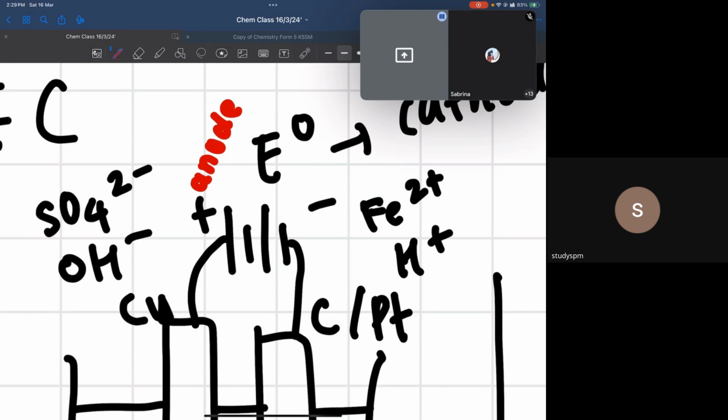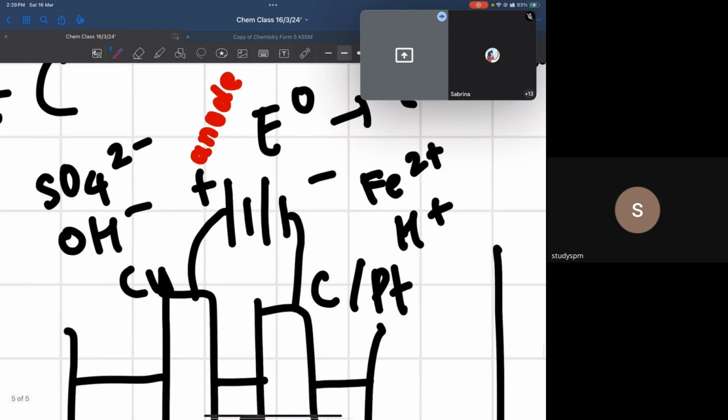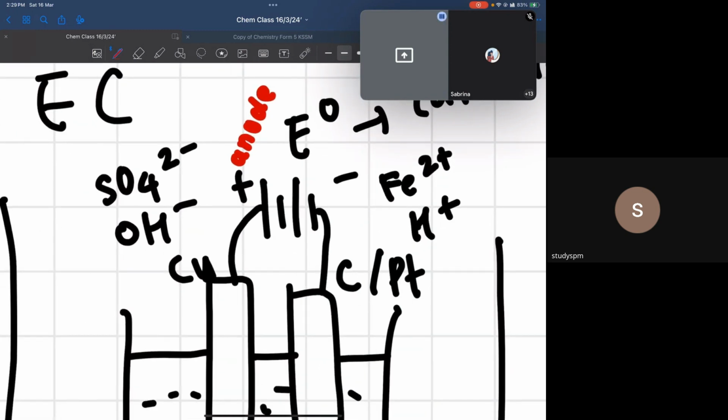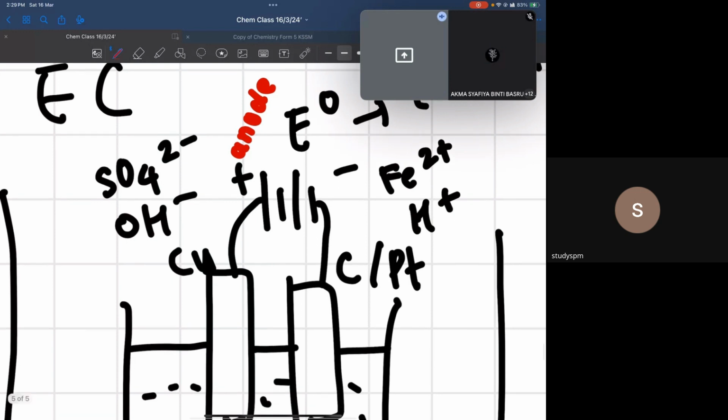Bear in mind, an active anode always, no matter what the solution, no matter what the E value or whatever, the active anode itself undergoes oxidation. This is the very, very, very important thing. Neglect all the ions.